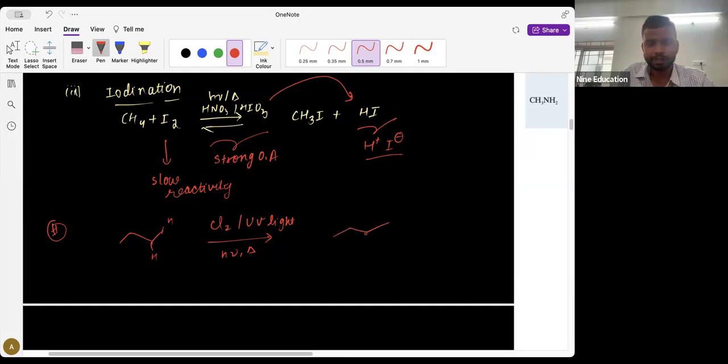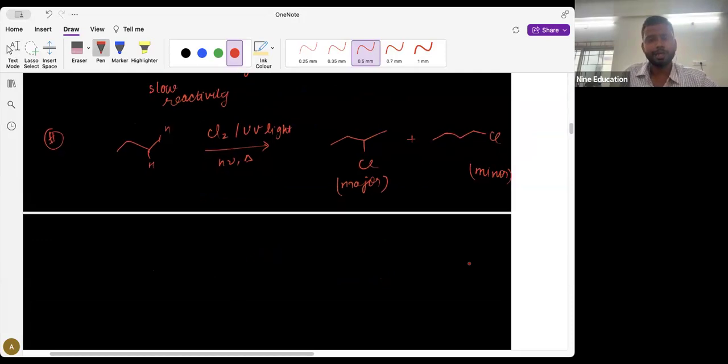So it can break this one and make this compound, or it can make this compound. So two possibilities are here. It can make it from the first side or from the second side. But out of these two, the first one will be the major product and the other one will be the minor product. So we will see how this reaction goes.